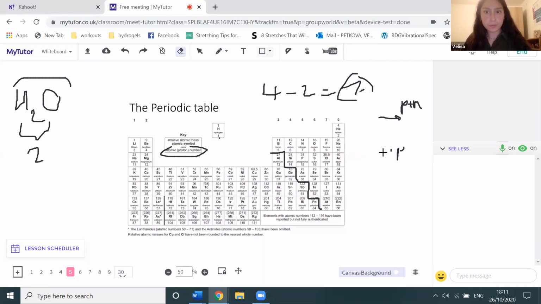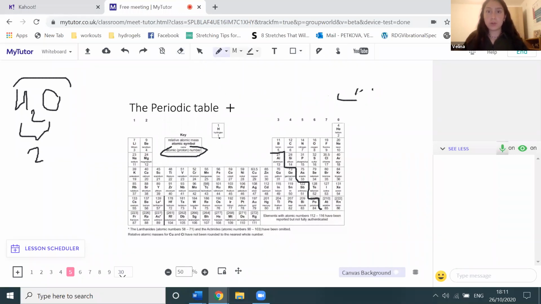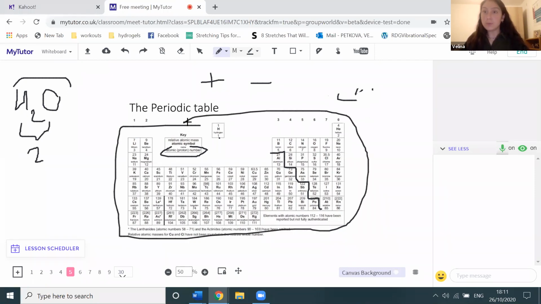Okay, so another thing to think about is the number of electrons. Previously we learned that the charge of a proton was positive and the charge of an electron was negative. Another thing to note is that all atoms in the periodic table are neutral. Therefore, their positive charge and their negative charge must cancel and be equal to 0.